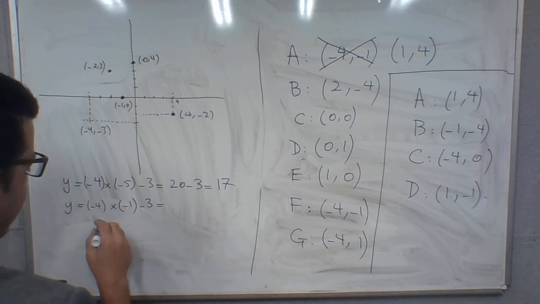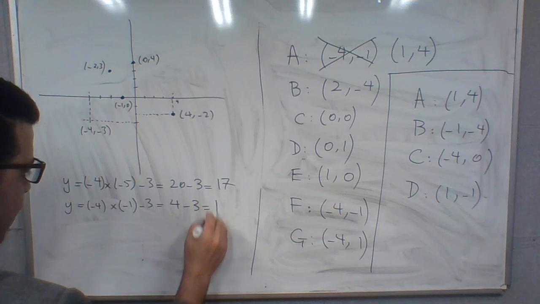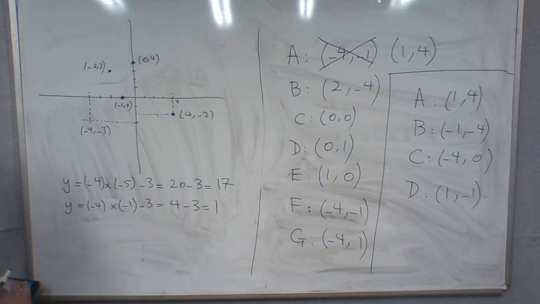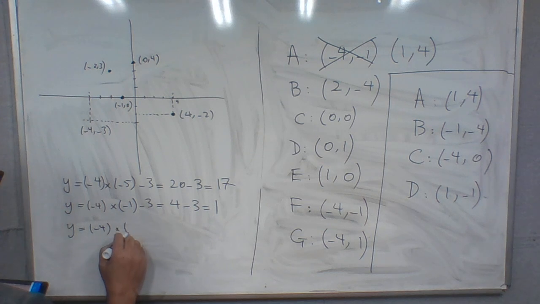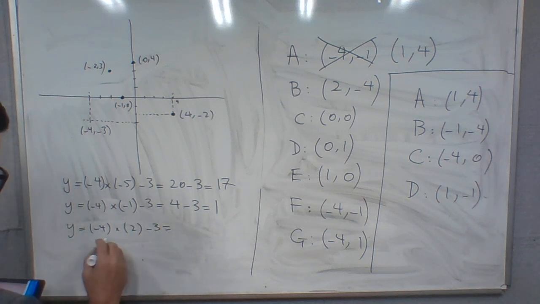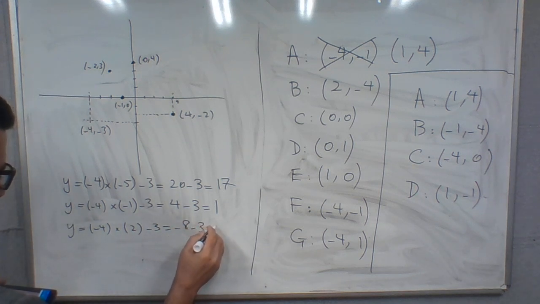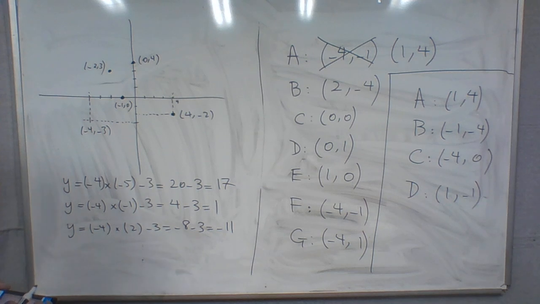So it is 4 times 1, 4, minus 3, so it is 1. This is the second row. The third row is for 2. y equals negative 4 times 2 minus 3. So minus 4 times 2 is minus 8, minus 3, so it is minus 11.